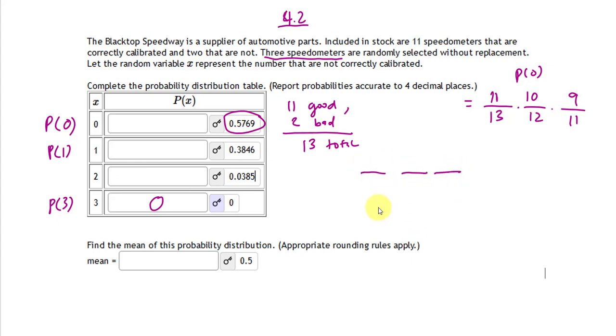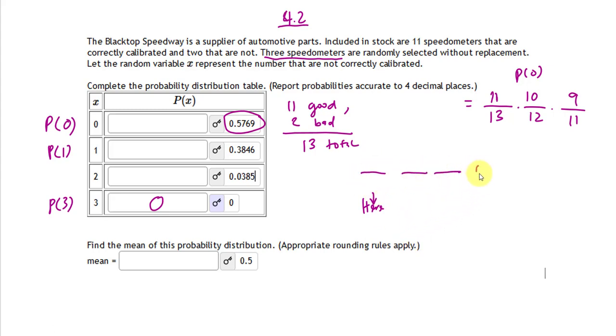So we have a few cases. The first case, the bad one could be right at the beginning. So it could be here. The bad one could be here, right? It could be here. And then the other 2 are the good ones.